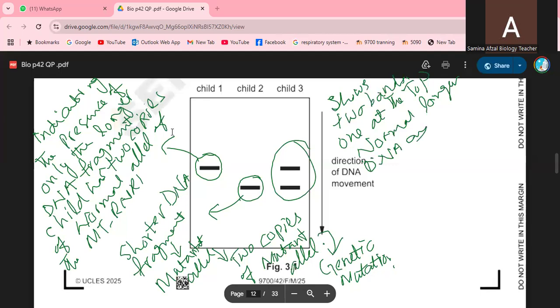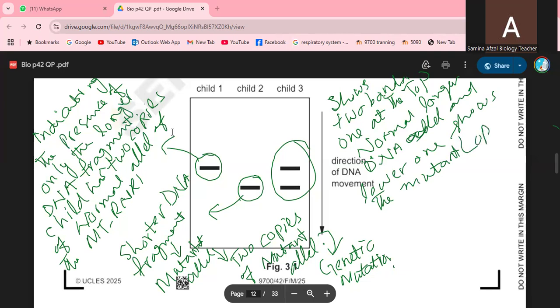And the lower one shows the mutant copy of allele. And we can say that it will act as a carrier.